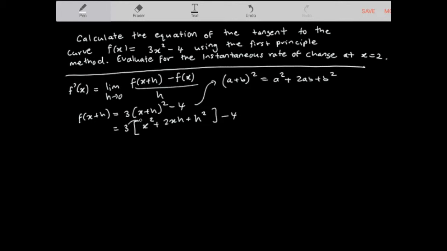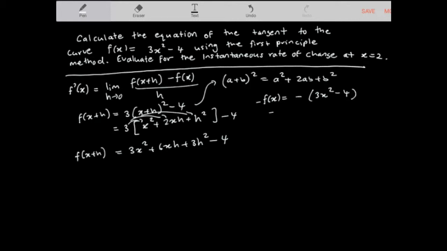I'm going to expand this out, and you get 3x squared plus 6xh plus 3h squared minus 4. So this is your f of x plus h term. We also have a negative f of x term, which is negative (3x squared minus 4), which is negative 3x squared plus 4.